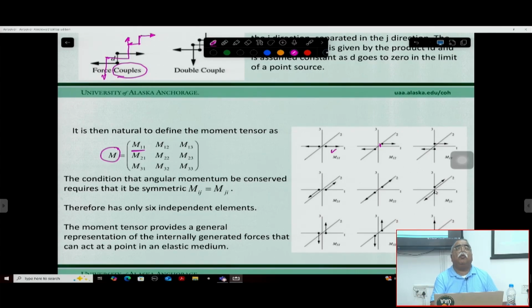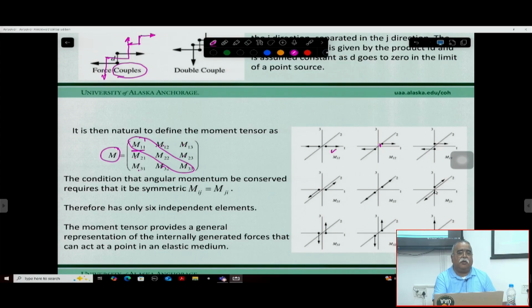Now, all the moments may not be present, but definitely some components of the moment will be present in an earthquake, right? If it is an impulsive source, then all these things will be zero, and only one directional type of forces remain.